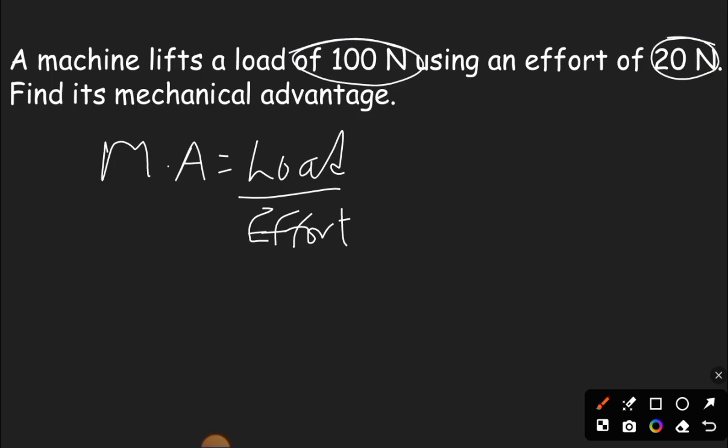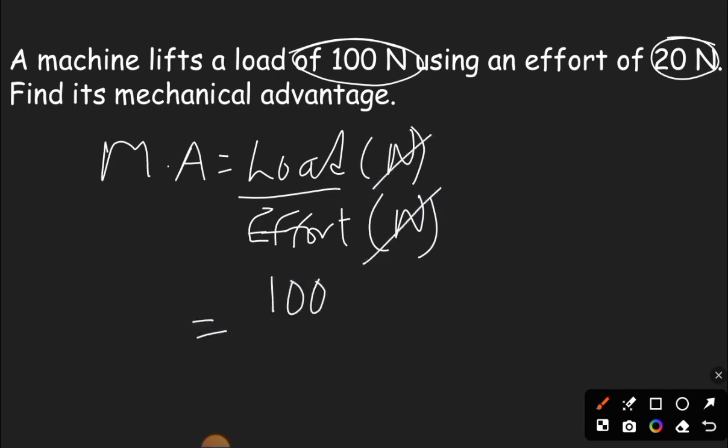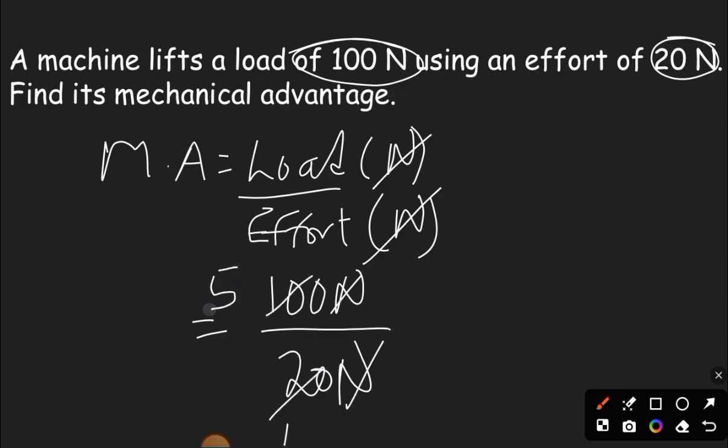Find its mechanical advantage. Now before we start, kindly take note that the load will be in Newton, effort will be in Newton. So mechanical advantage also has no units. So the load is 100 Newton and the effort is 20 Newton. So Newton cancels Newton. 20 here 1, 20 here 5. So mechanical advantage is 5.